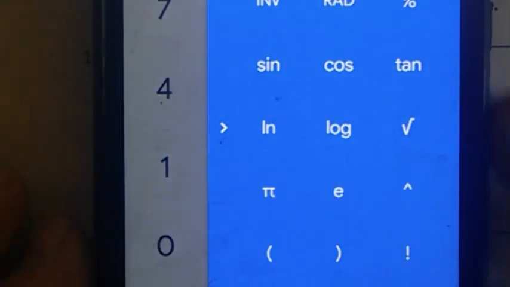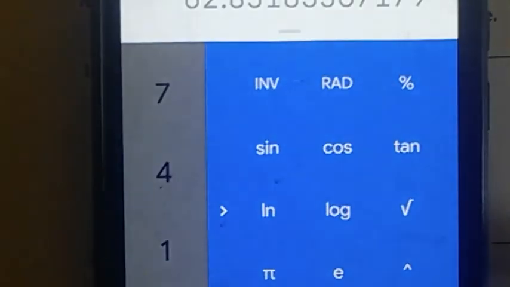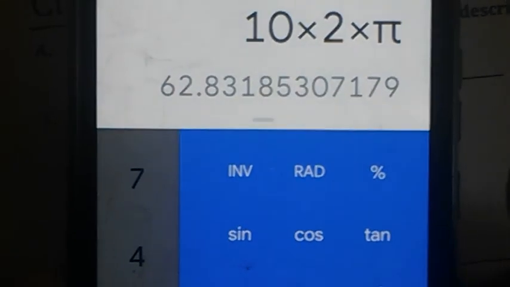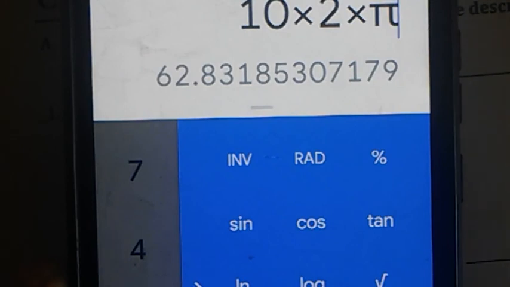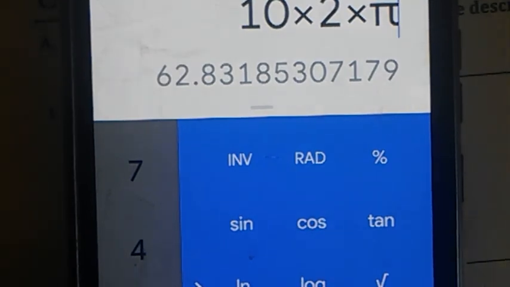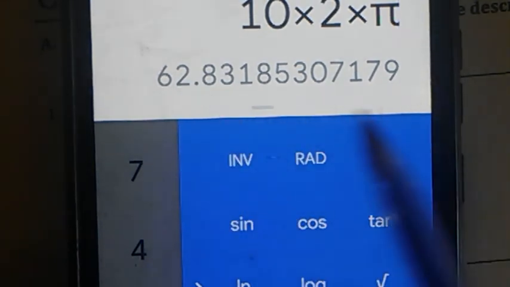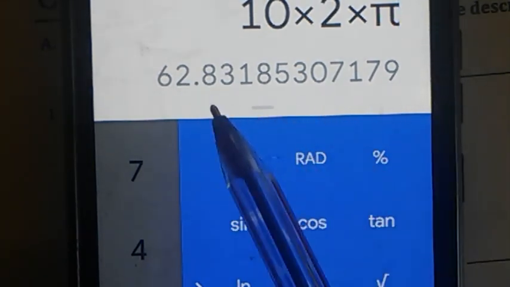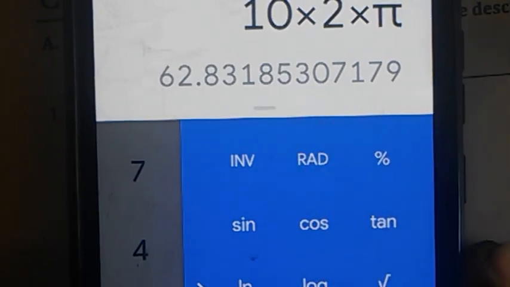Now that'll be more exact. See, now I have my pi up there, and now the answer is 62.83. Still rounds to 62.8, but for pi they use a much greater approximation, 3.1415, and it goes on and on. By the way, it doesn't end. It's an infinite number of digits in pi.